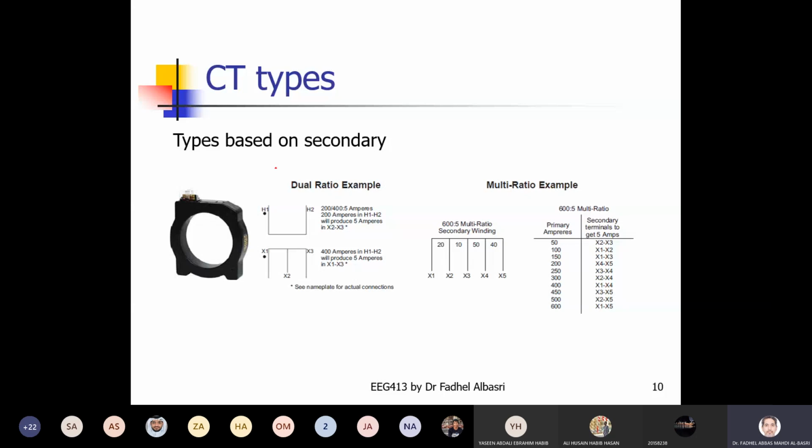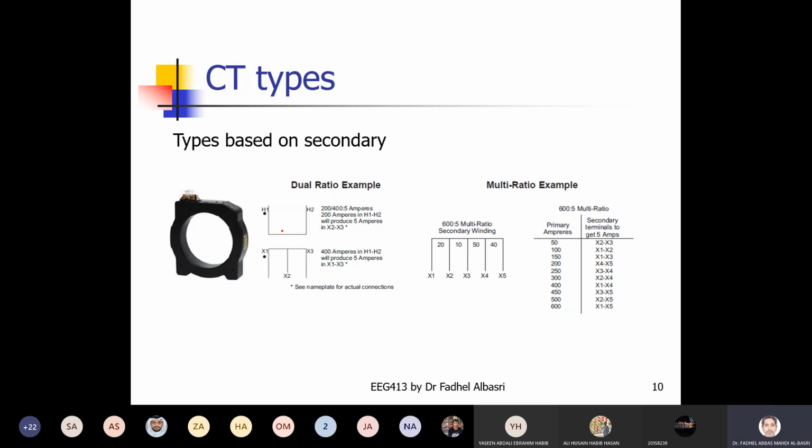CTs can also be classified based on the number of ratios we can get out of that CT. We have single ratio CTs, dual ratio CTs, and multi-ratio CTs.